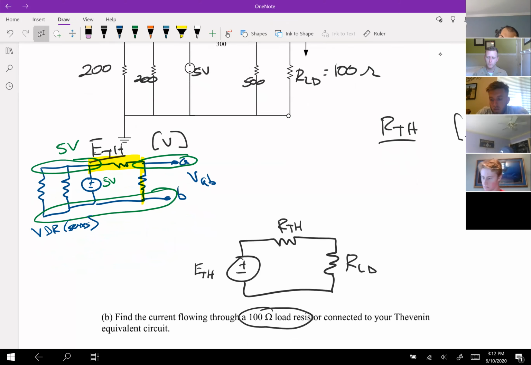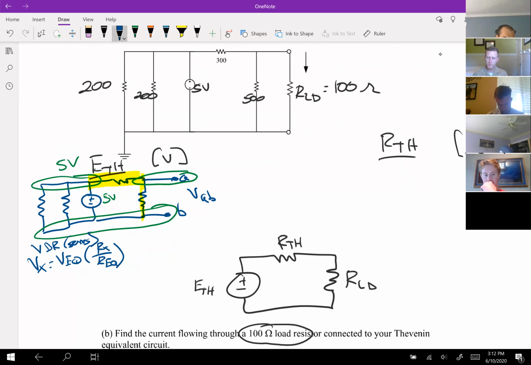The voltage divider rule is Vx equals Veq times Rx over Req. The X in this case is what we're looking at from A to B, which is this 500 ohms, so the Rx is the 500 ohms. The voltage being shared between the two series elements highlighted in yellow is 5 volts, and the equivalent of those two is 500 and 300, which I'll write as 800.